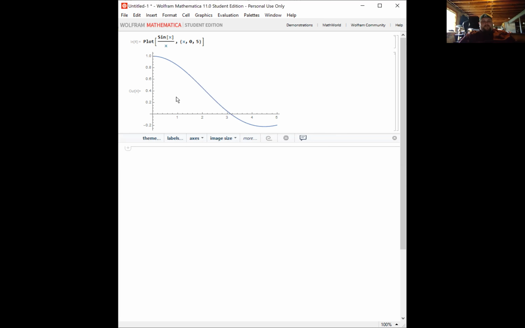So before I do this, let me ask, do you think a trapezoid is going to fit this best? Or do you think a parabola is going to fit it best? Parabola. Okay, so let's calculate this and see what happens.